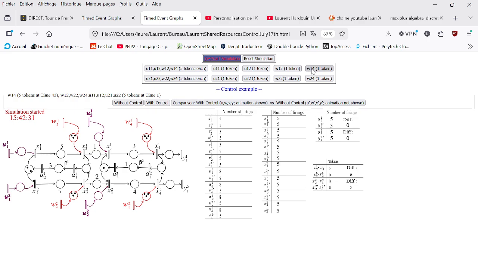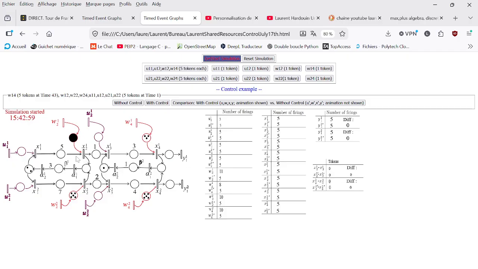So, for example, in this case, initially I have some tokens in this system like that, and the idea is that I control the inputs U1, U2, U21, and U22. Actually, this Petri-net represents a production line. You can imagine the input here, and the line goes like that until the output Y1.